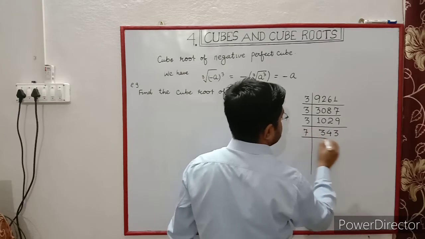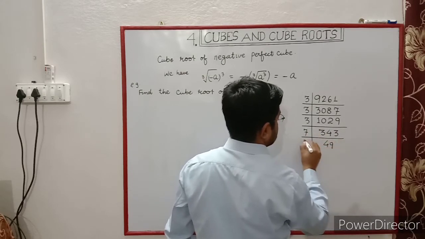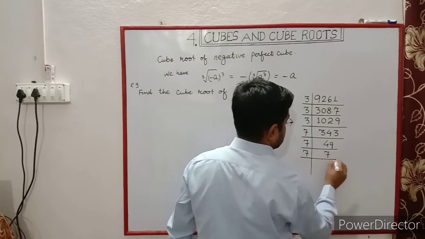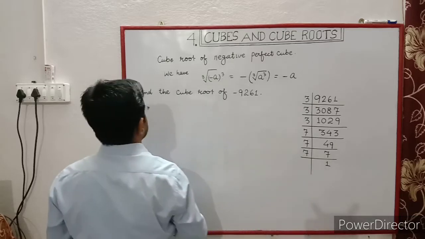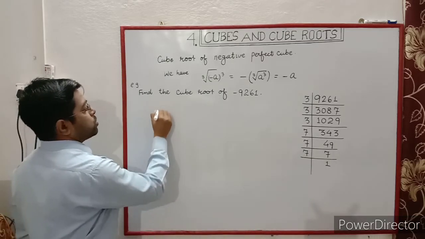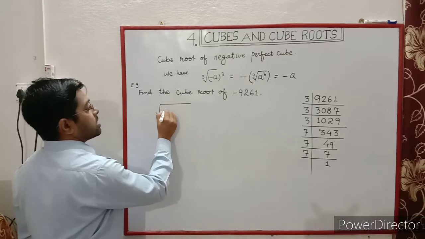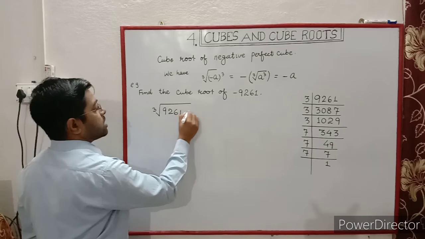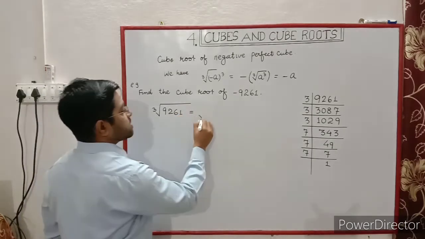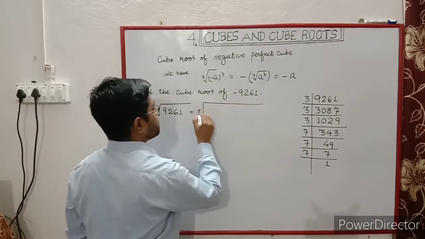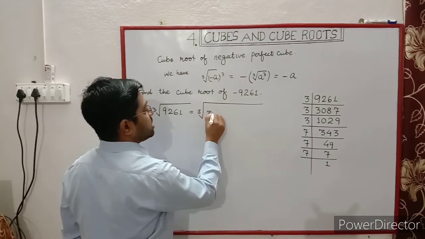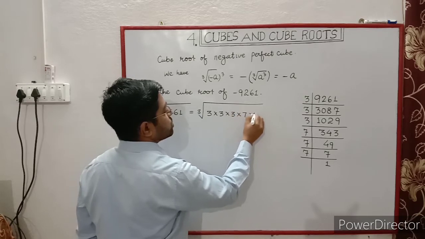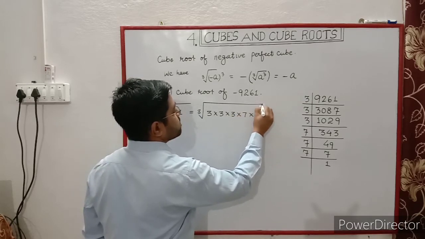Again divide by 7, 49. Again divide by 7, 7. Again divide by 7, 1. Now cube root of 9261 expressed into prime factors, we can write here 3 into 3 into 3 into 7 into 7 into 7.